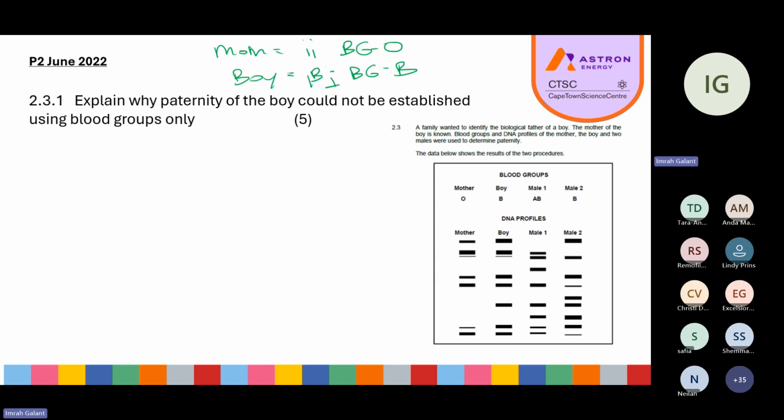So we know where one allele came from, but where did he get blood group B from? That we can't really determine just from looking at the blood groups.